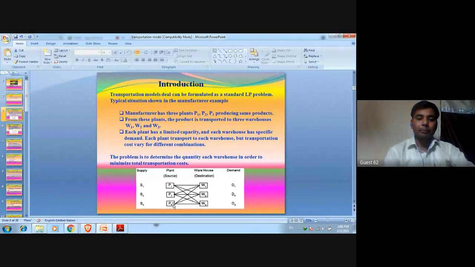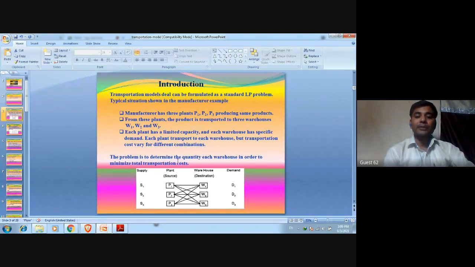Similarly, plant P3 also supplies the product to warehouse W1, to warehouse W2, to warehouse W3. So you are looking that all these plants have to send the product to different warehouses, but in all the cases, the manufacturer needs to minimize his transportation cost.